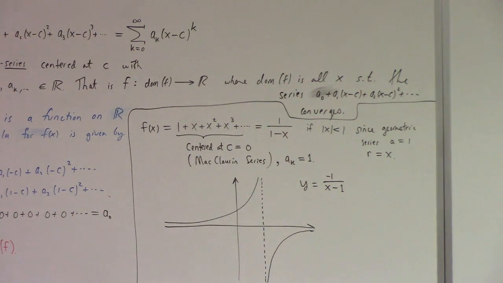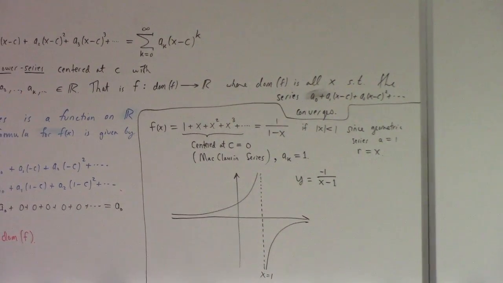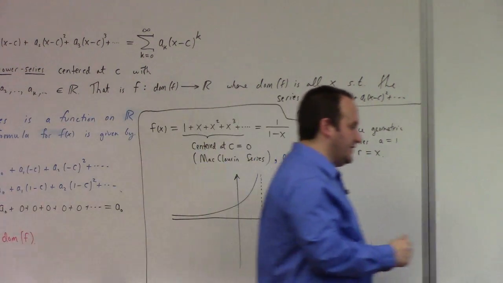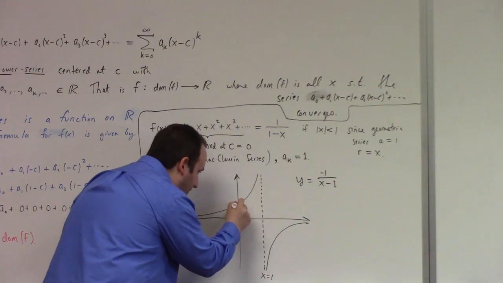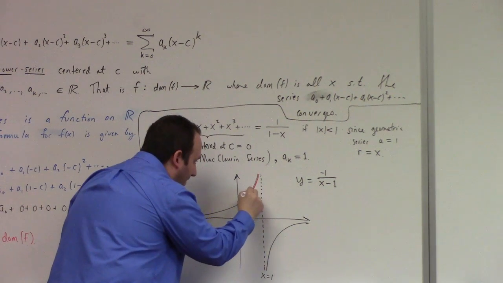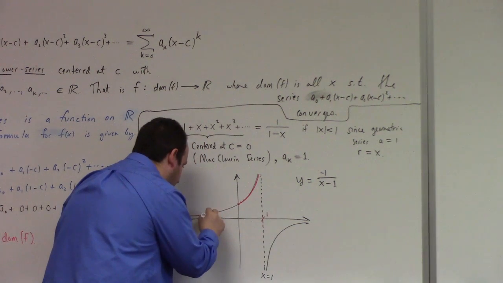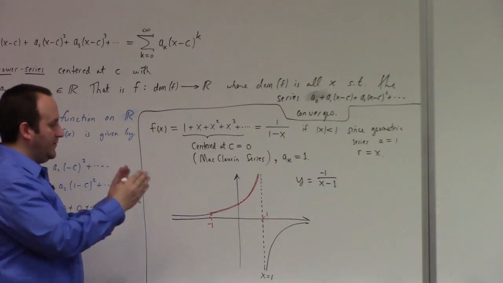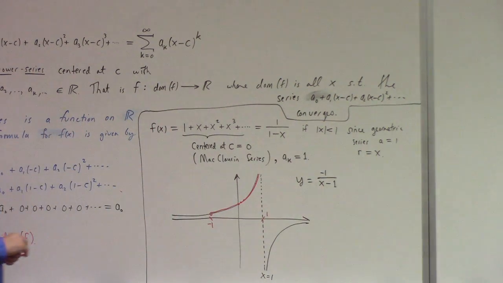That's a graph of the rational function 1 over x minus 1, which has domain all x except for 1. Now, if I was to graph the power series, it's just a little bit here, just like this piece right here, from minus 1 not included to 1 not included. So the power series is just this particular little piece of that rational function.